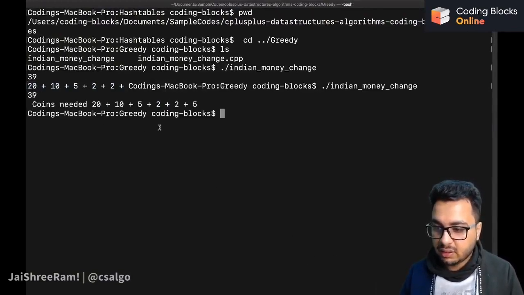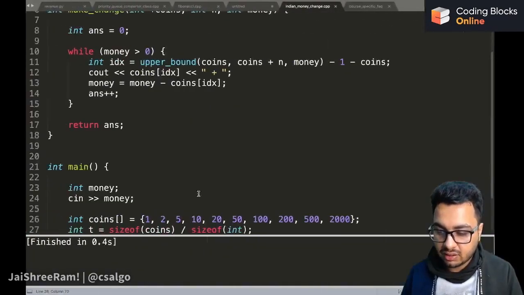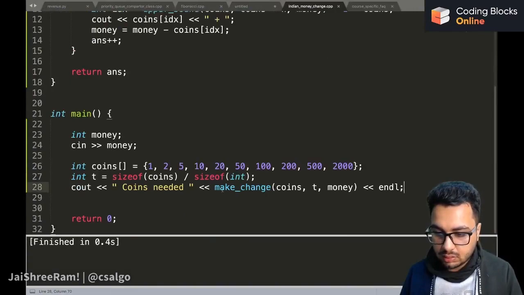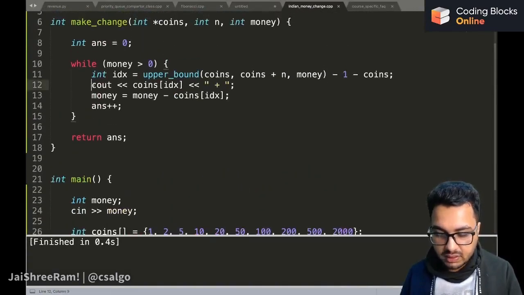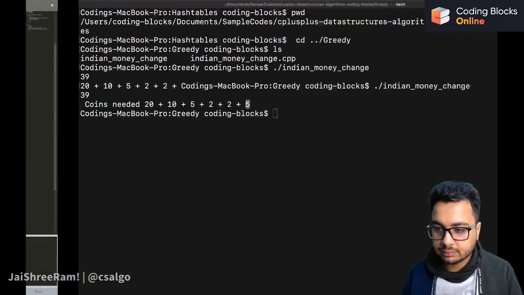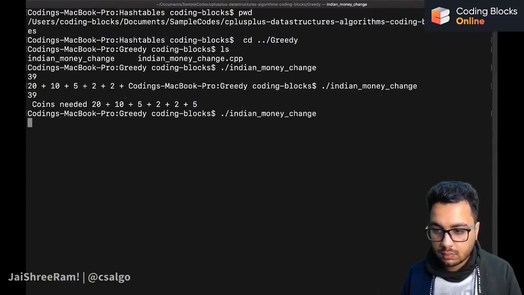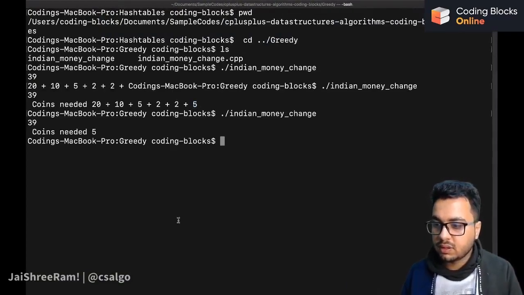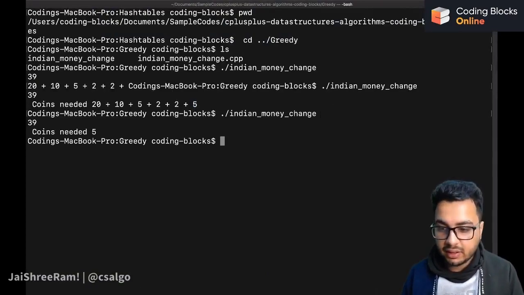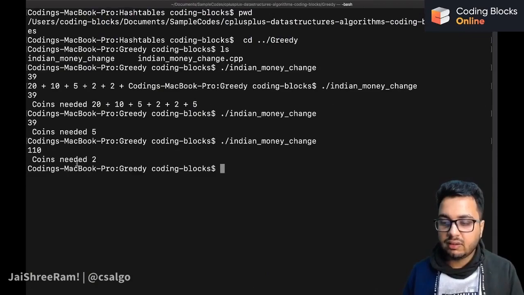It says coins needed is, okay, this is 5 actually, so we can just skip this. You can see 5 coins are needed, and if I give, let's say, 110, then I need 2 coins, a 100 rupee coin and a 10 rupee coin.